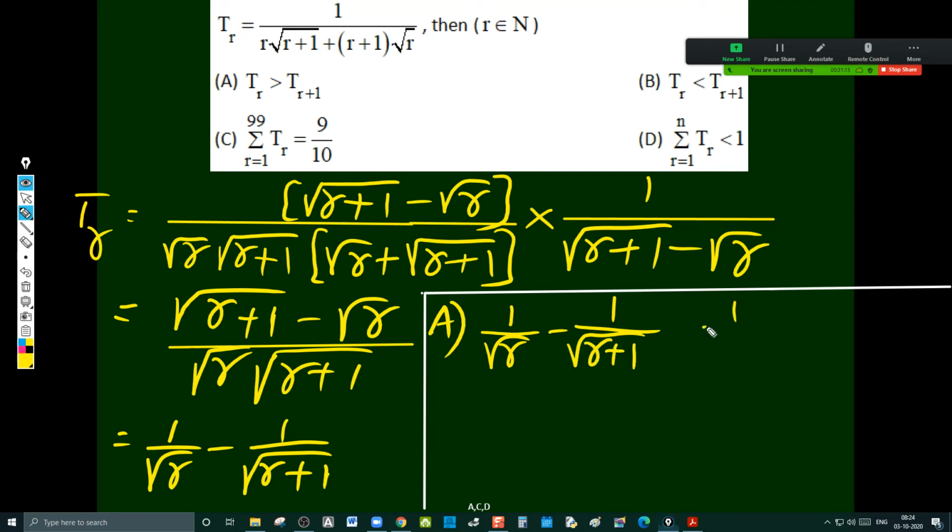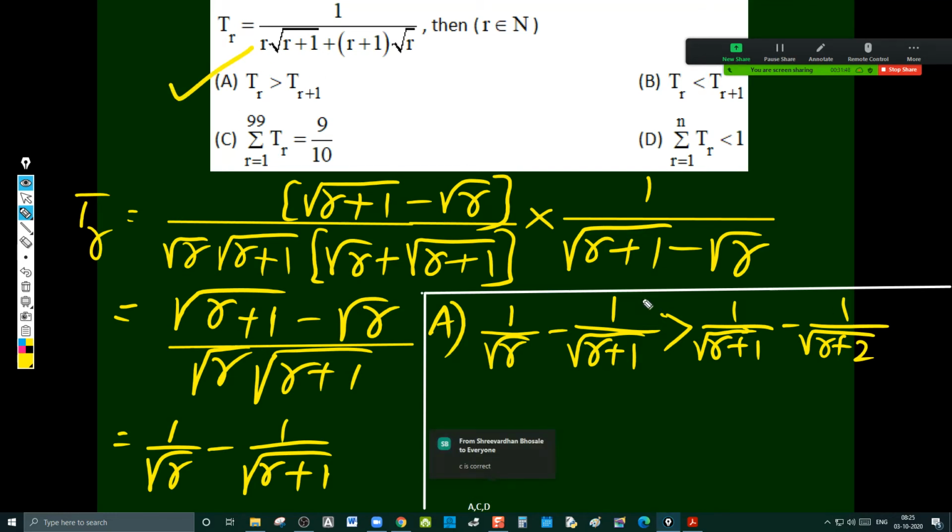If you put r+1, it becomes 1 by root (r+1) minus 1 by root (r+2). The denominator value is greater when compared to this, so obviously this one will be greater. So T1 is greater than T2, T2 is greater than T3, like that. So option A is correct here.